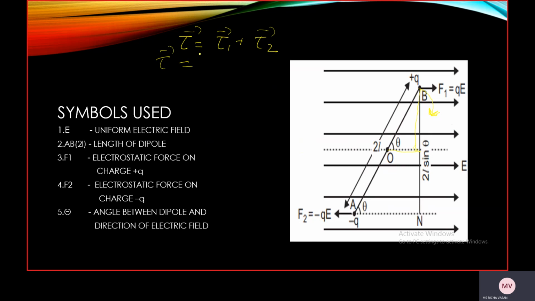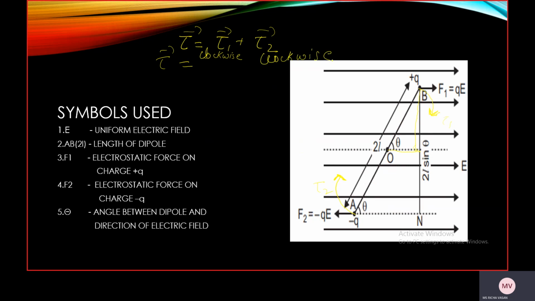So we will say tau 1 is clockwise. And if we talk about torque 2, it is producing this effect like this. This is tau 2, this is tau 1. So this is also clockwise.